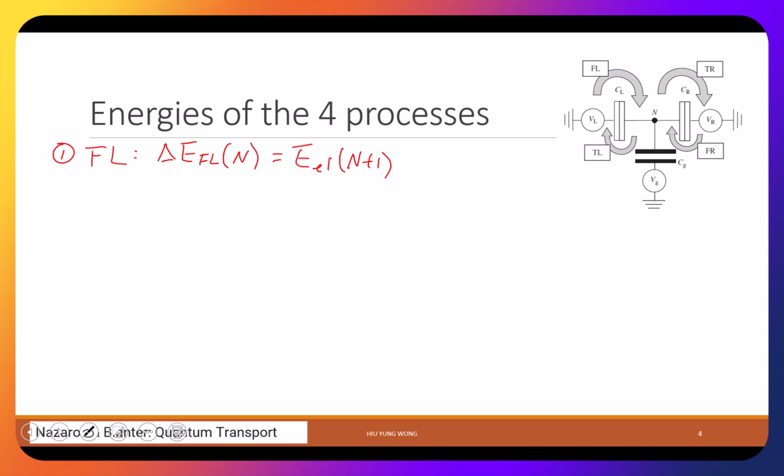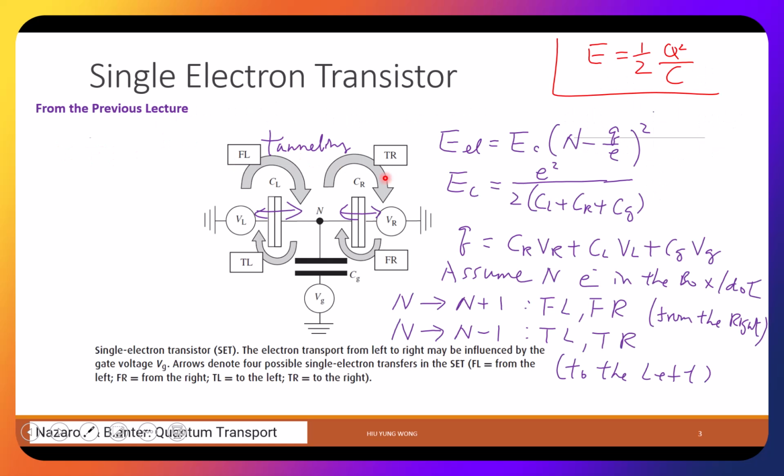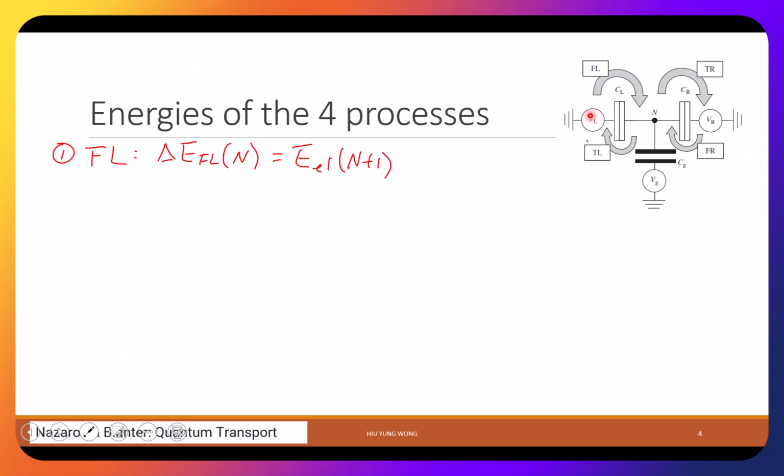N plus 1, right? We were saying that if you have N electrons, this one basically means EL of N. When you have N electrons, you have this energy. So if I tunnel one electron into here, then I have N plus 1, right? Just by definition. But how much energy do you need? What is the difference? Then I need to compare to what I had earlier.